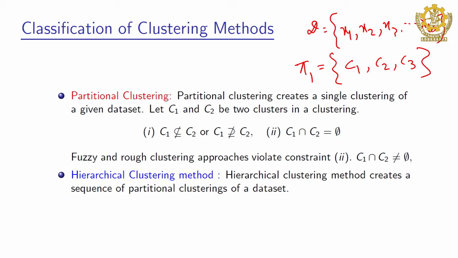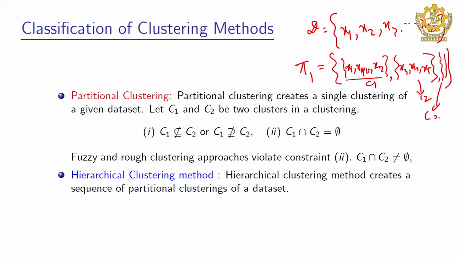Obviously we can write C 1, but we can also write it as, let us say, x 1, x 10 and x 2. Okay. So, this is C 1, and then another maybe x 3, x 4, x 5. Okay. So, this may be C 2 and the rest will be the objects. So, let us say this is C 3.